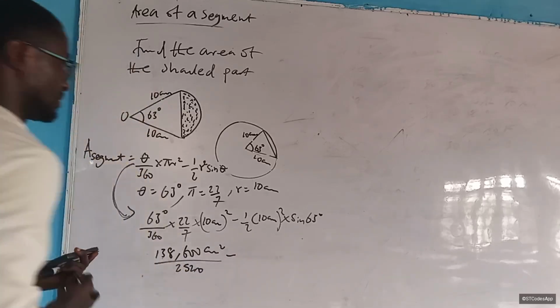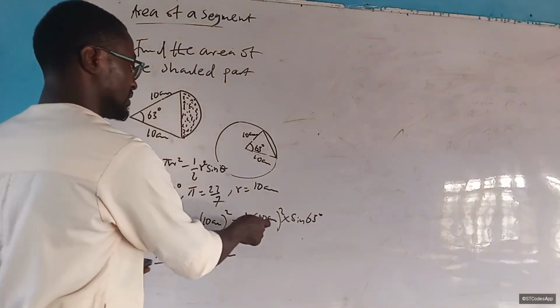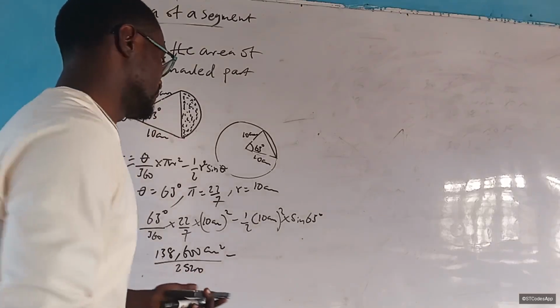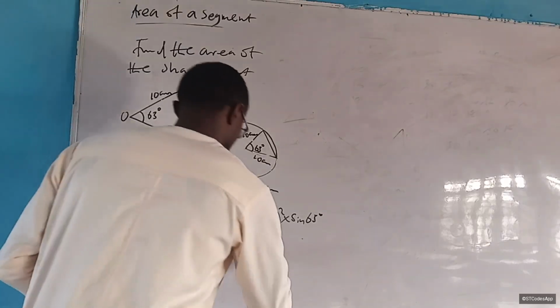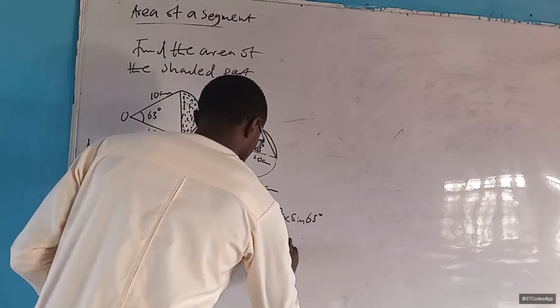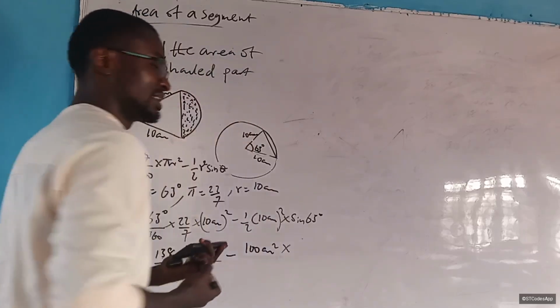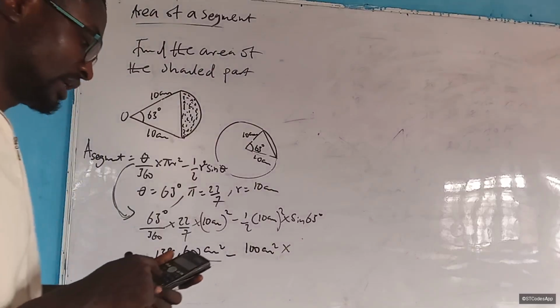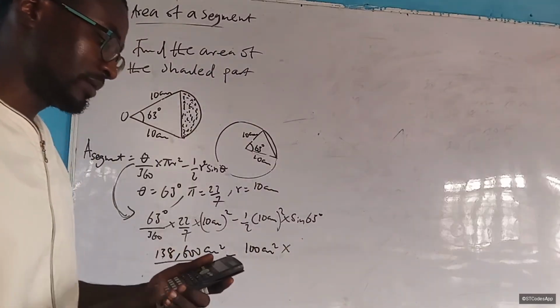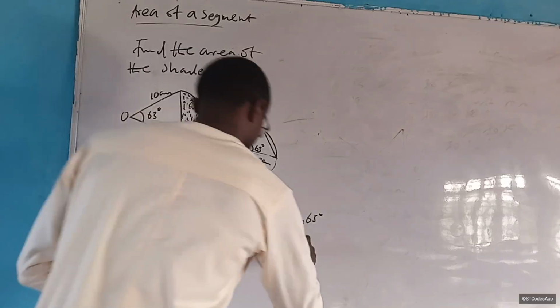Minus, then taking the product of 10 centimeter squared, that gives us 100 centimeter squared. So I'm going to have 100 centimeter squared times the sine of 63. Checking that in our calculator, sine 63 we have as 0.8910.